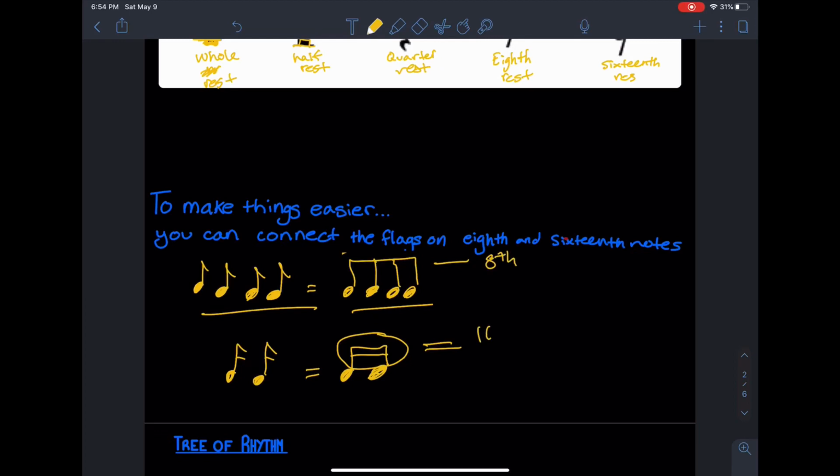So this is 8th, this is 16th. Also, we can connect eighth notes and 16th notes together. So if we were to turn this, we can actually turn this into something that looks like this. So these two are the 16th notes, and this is the 8th note.